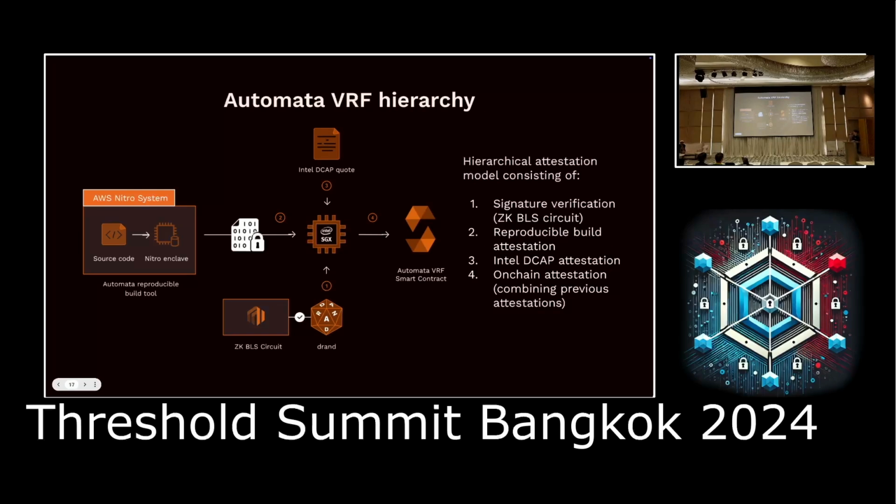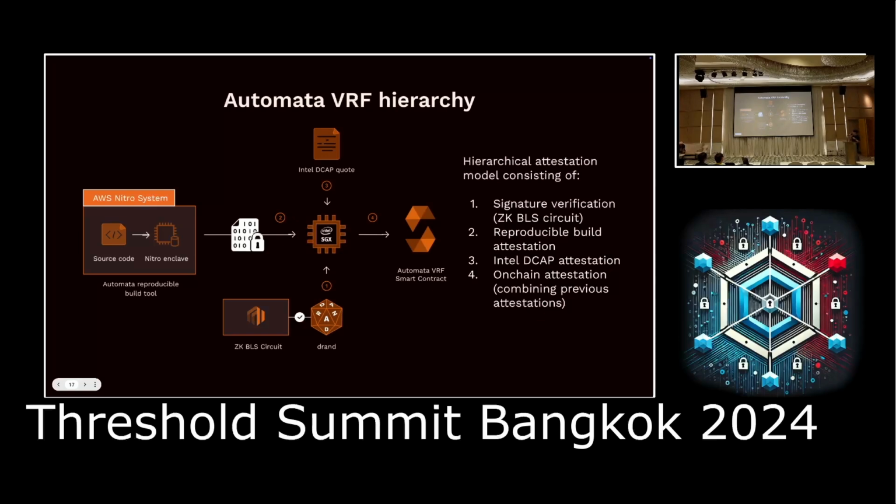The first one is the signature verification for the current DRAM result, and to make it possible to verify the whole thing on chain, we introduced the ZK circuit to reduce the gas cost and verify the DRAM output. For the second one, how do you know the code running inside the enclave matches what it claims?